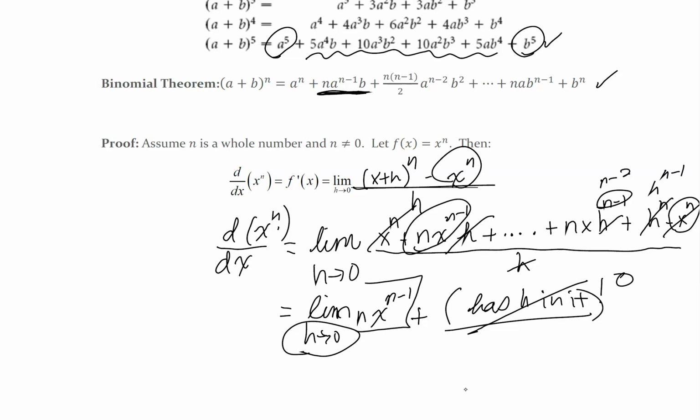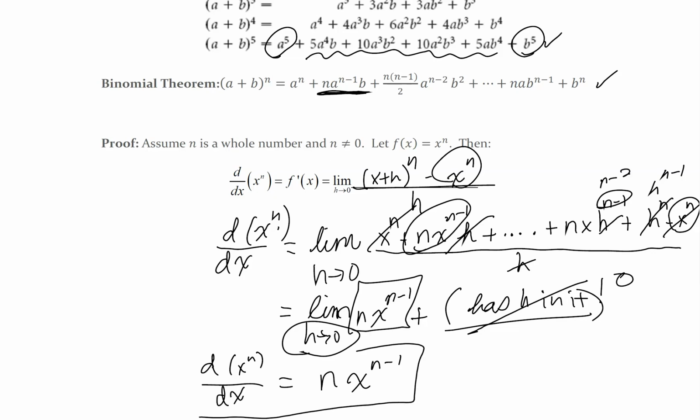That leaves us with just n x to the n minus 1. The derivative of x to the n power with respect to x is n x to the n minus 1.